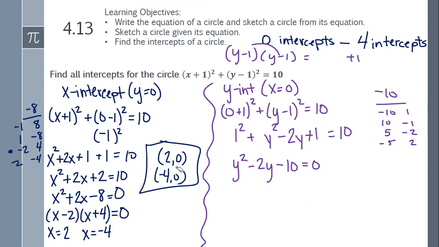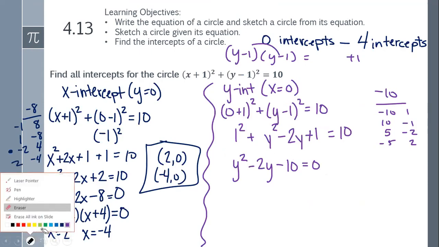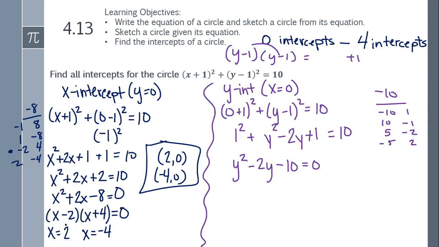So 1 plus 1 is 2, and 2 minus 10. So this would be y squared minus 2y plus 2 equals 10. Okay, so this would be a minus 8. Yeah, we'll just go ahead and erase that.